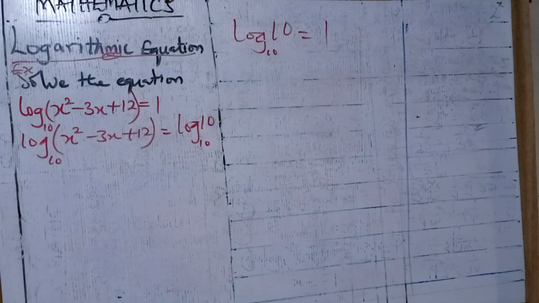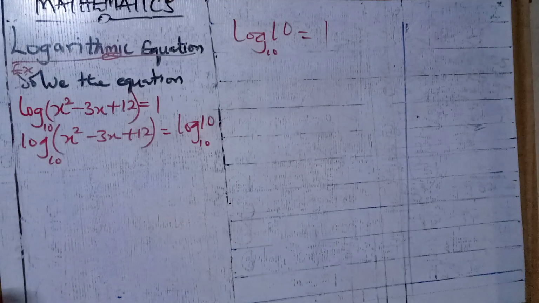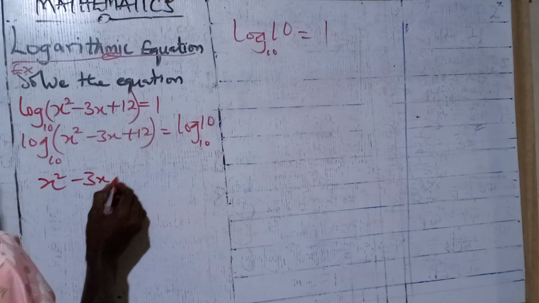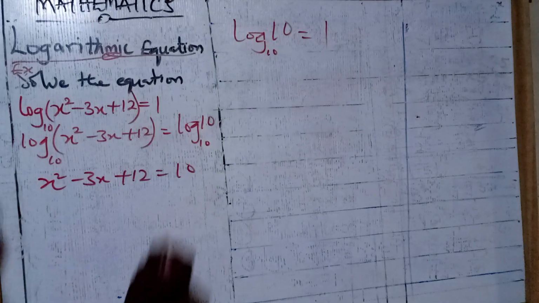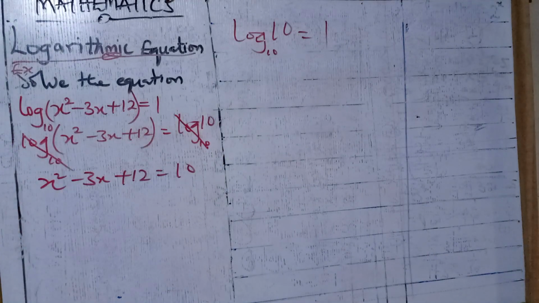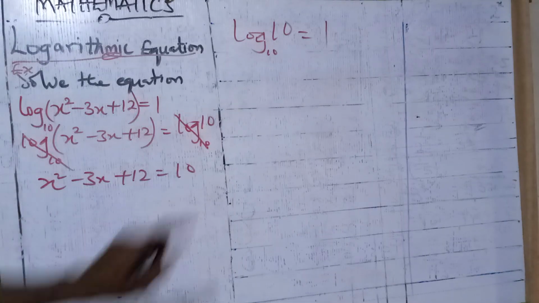So what do we do next here? Of course, we are going to remove the logarithm to base 10 so that we will have s squared minus 3s plus 12 equals 10. That is, this has been eliminated by this. So we are now left with s squared minus 3s plus 12 equals 10.